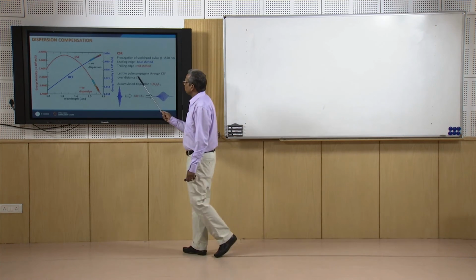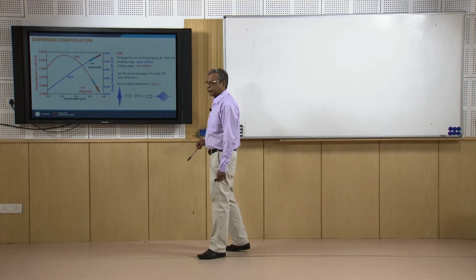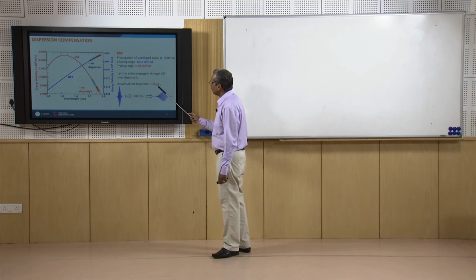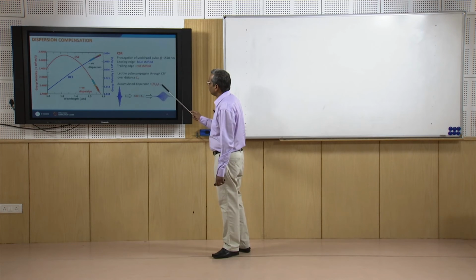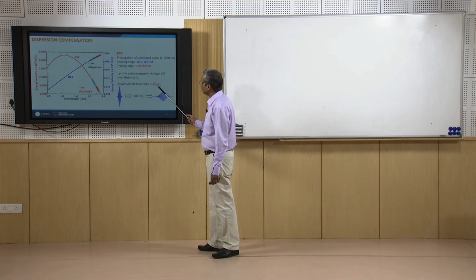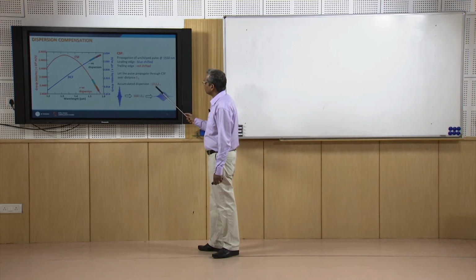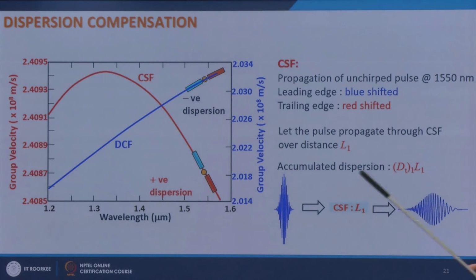If I let this pulse propagate through distance L1, then the accumulated dispersion would be dT1 L1, where dT1 is the total dispersion of conventional single mode fiber. So, you input this pulse and in the output you get this.